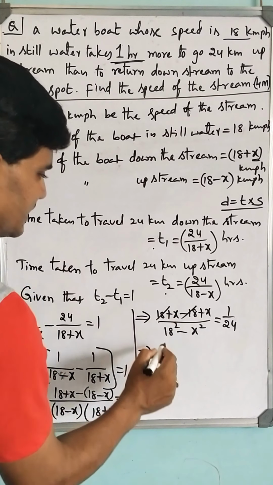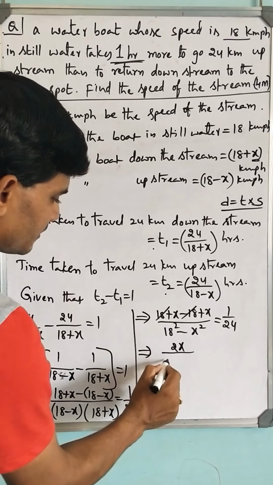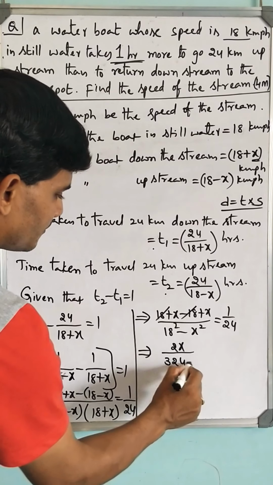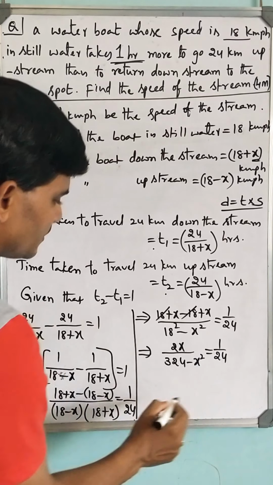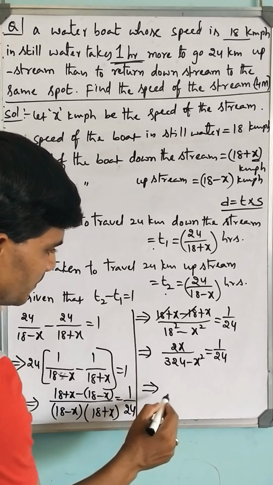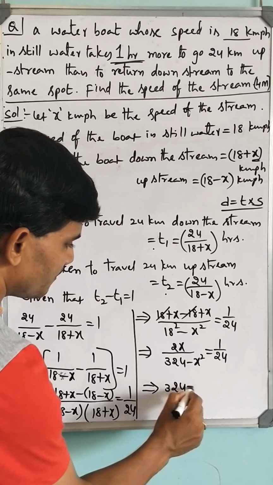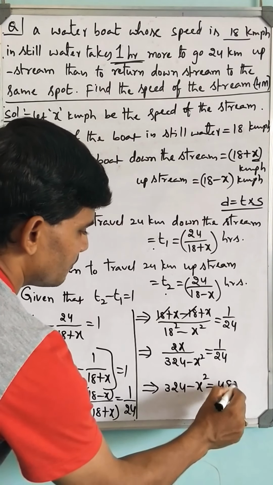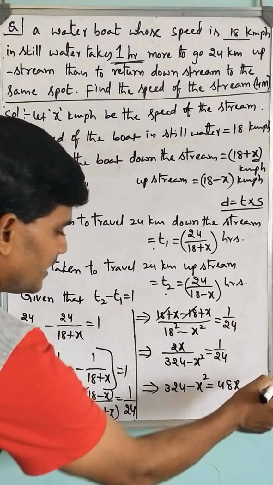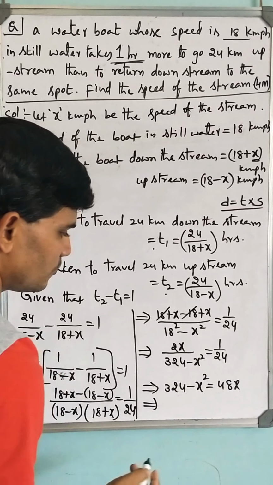Minus 18 plus 18 gets cancelled. 2x by 18 square, 324 minus x square, is equal to 1 by 24, which would imply do cross multiplication. 324 minus x square is equal to 24 into 2 times, 48x, and bring these two terms into RHS and do some rearrangement.